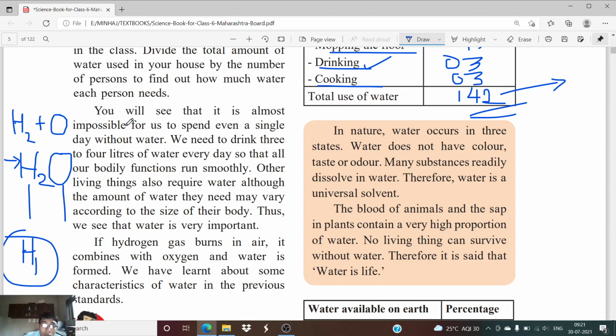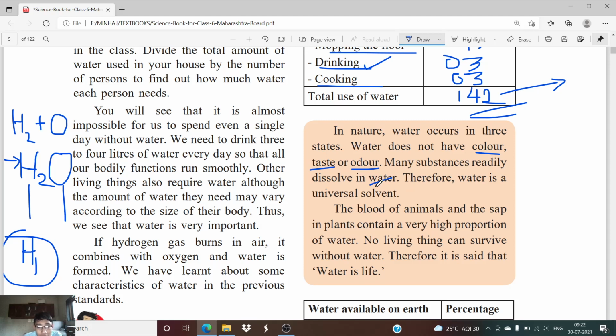Okay, the water does not have color, taste or odor. So water का कोई color नहीं होता, उसका कोई taste नहीं होता, और उसका कोई smell नहीं होता. Odor means smell. Okay, many substances readily dissolve in water, therefore water is a universal solvent. So almost 90% of the chemicals are dissolvable or soluble in water.